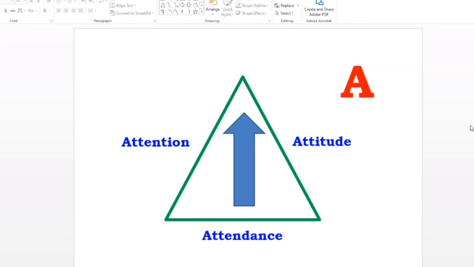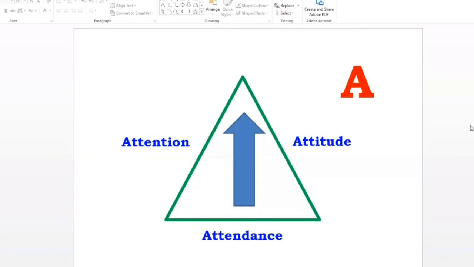Yes. Okay, that's great. What I want to show you is something I used to do when I was in grade 6 or 7: I made triangles with every letter of the alphabet. I put it like this: A, attention, attitude, and attendance. So you have to attend the lectures, you have to be attentive, and you have to have the attitude to learn all the time.